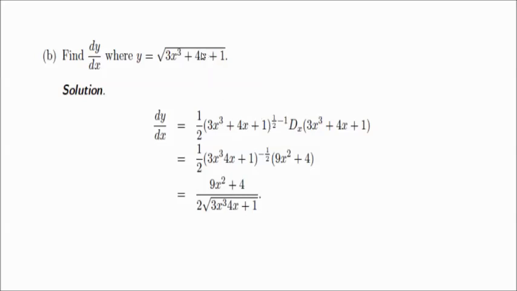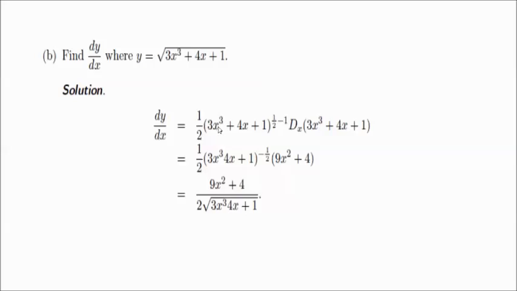Pero kasi dito class, it is a polynomial function. Okay? So, kailangan mo pang i-derive yung nasa loob niya. I-multiply mo. So, derivative ng nasa loob, which is, wala lang plus dito class.